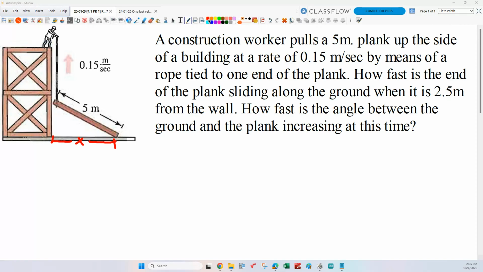Anything else? Well, the end of the plank is 2.5 meters from the wall. That's the distance, so that's a frame value, isn't it? Right, so what's a frame value for what? X, okay. So we know our frame value list, we know x equals 2.5. What else do we know?